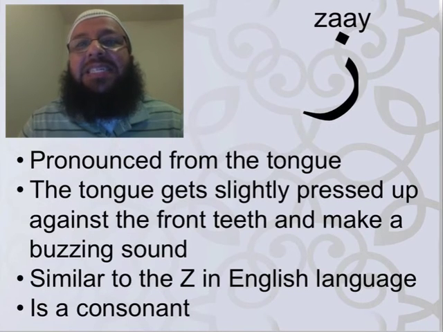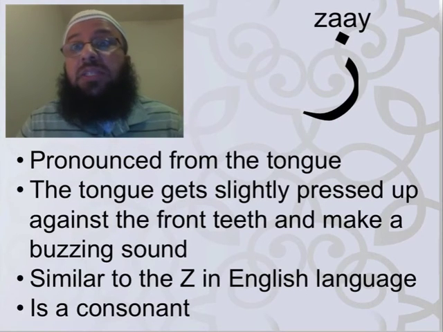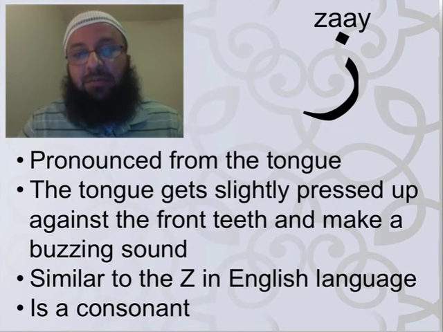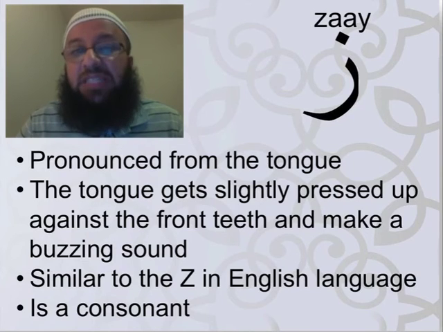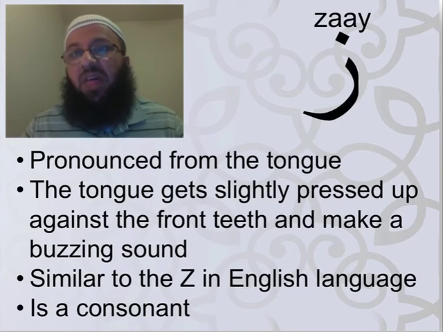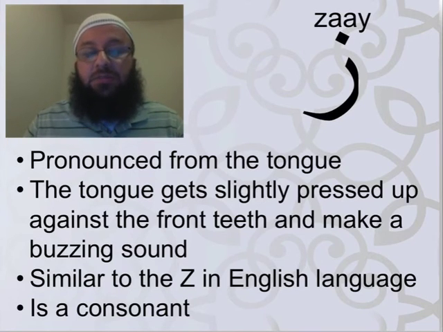You say Z, Z, Z, Z, Z, Z. And then I have you do another warm-up in which you say the letter with your tongue bitten between your teeth like this. You say Z, Z, Z, Z, Z. So that is the difference between the letter Z and the letter Zal. We already covered the letter Zal in the beginning of this lesson. And this letter is obviously a consonant.